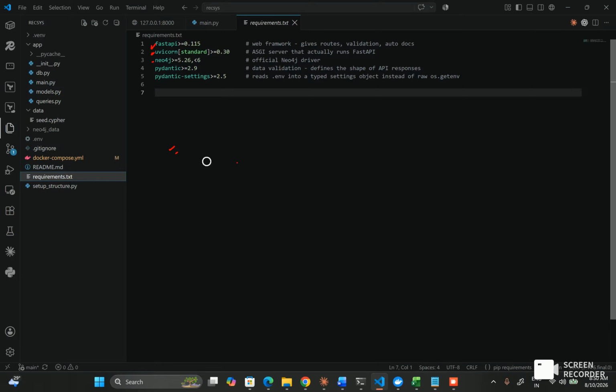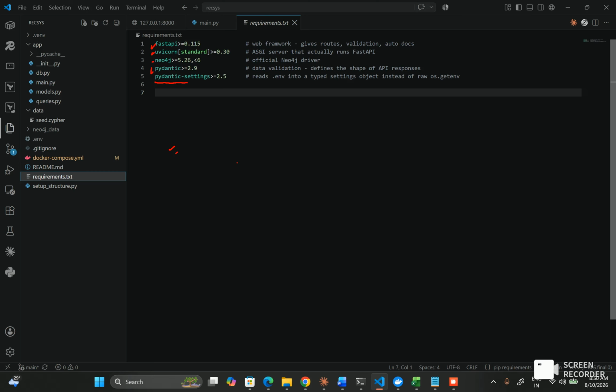Then the Neo4j driver, pinned below version 6, because that version changes how connections are managed. Then Pydantic for validating data shapes, and Pydantic Settings, which is what reads configuration out of a .env file automatically, which is exactly the file we should look at next.